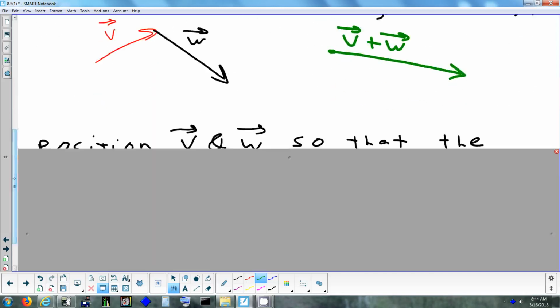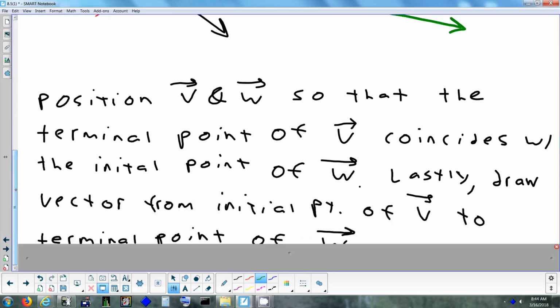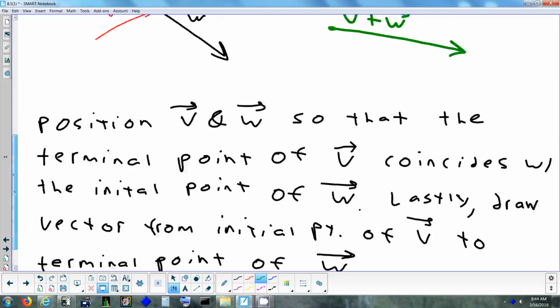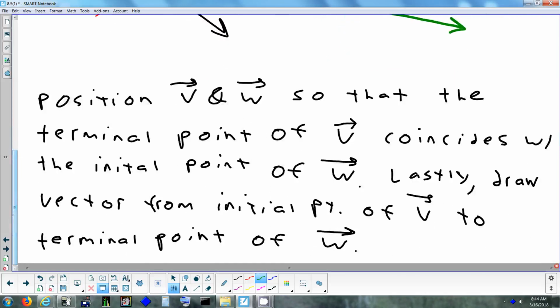So what did I really do? If you don't understand it or you want to write it down, you can. You line up the vectors so that the ending point of v is on top of the initial point of w. So that's how I lined them up. And then I drew in the diagonal from the initial point of v to the terminal point of w.